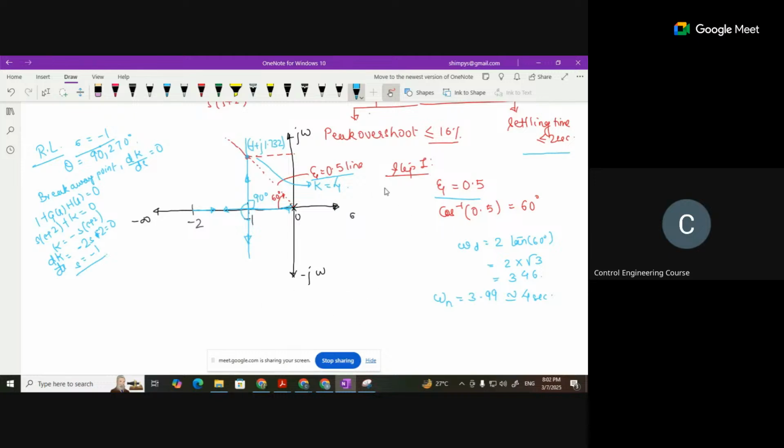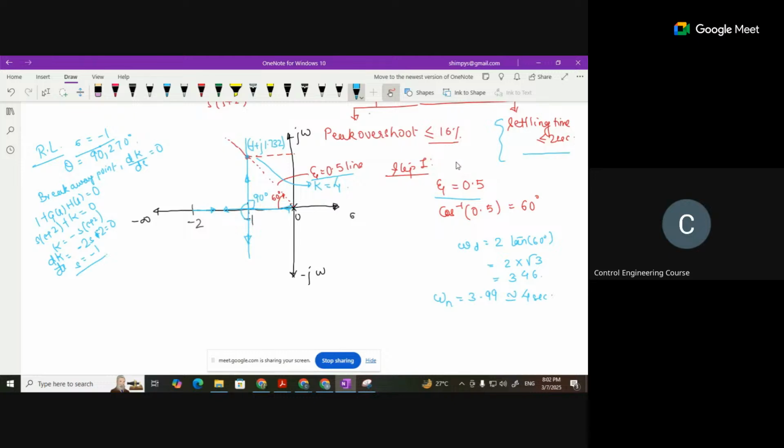Here we are getting a peak overshoot of less than 16%, but the settling time is 4 seconds. But the condition for designing the lead compensator is that our settling time should be less than or equal to 2 seconds. It is not possible to change the settling time with gain adjustment while keeping the peak overshoot at 16%.